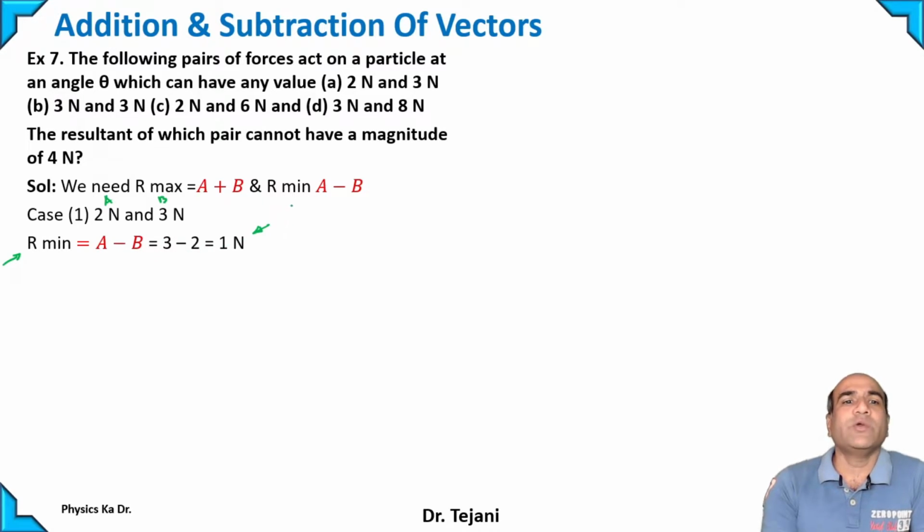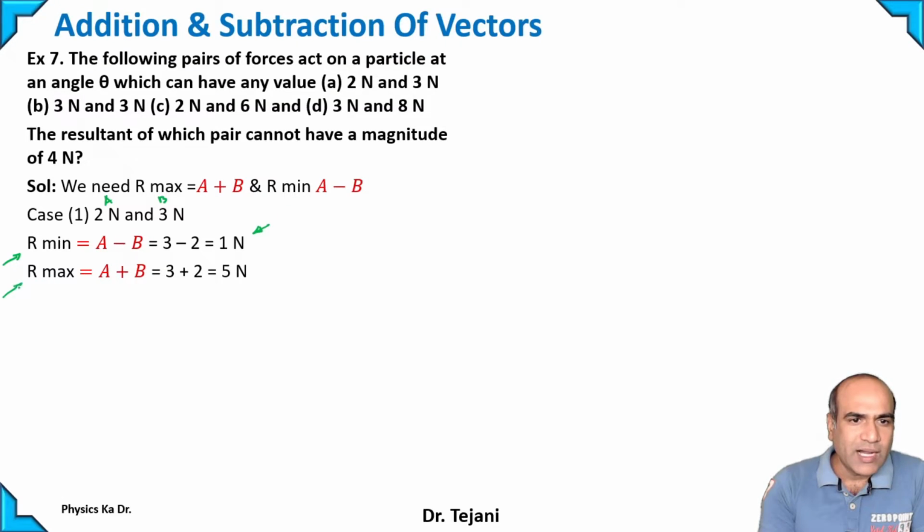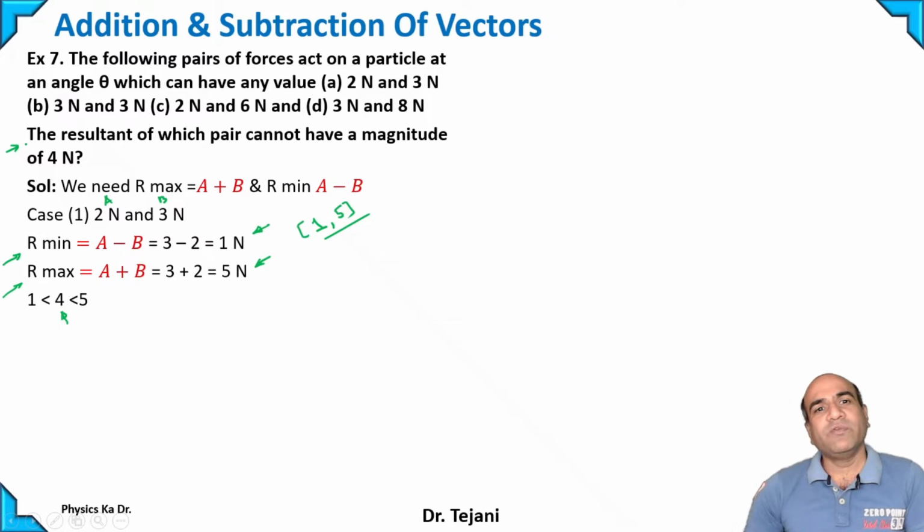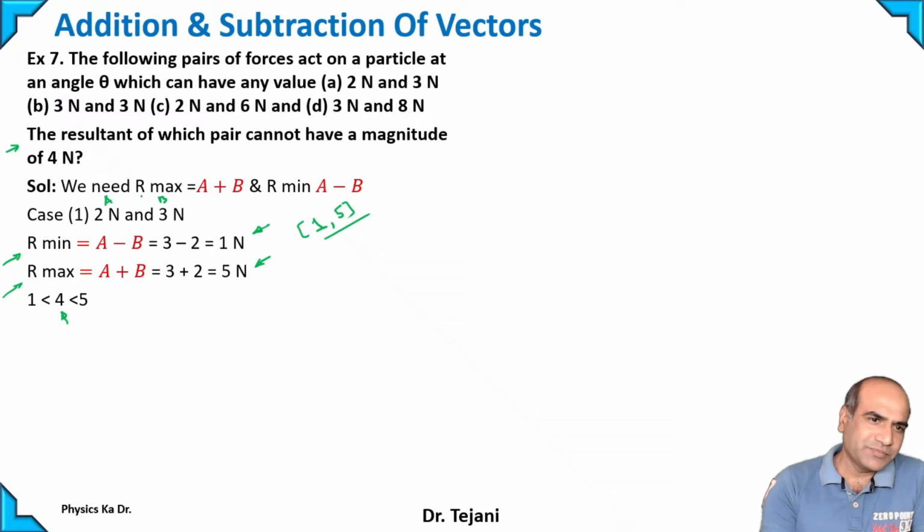So R can have 1 Newton and the maximum value R can have is 5 Newton. So R can be in this range of 1 to 5, and can we say 4 falls in between 1 to 5? If 4 is in between, what is mentioned here? The resultant of which pair cannot have a magnitude of 4 Newton. Definitely it is having 4 Newton at some angle. So the first option is incorrect. Case number 1 is not the correct one.